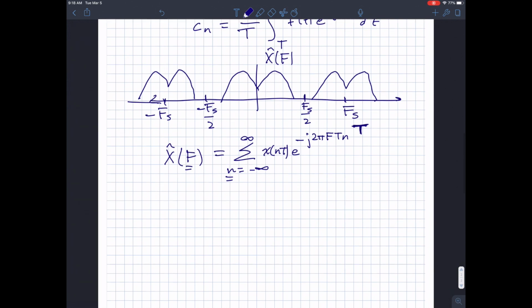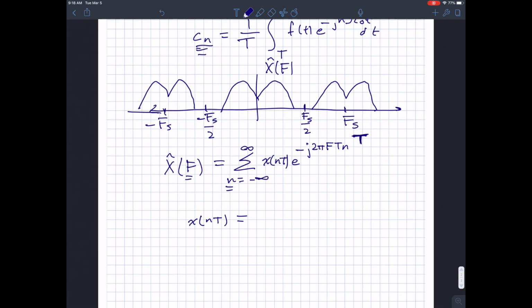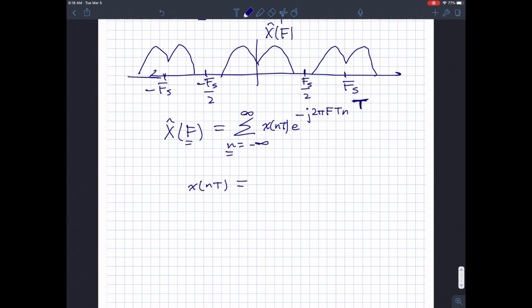So the cool thing about the Fourier series is once you have this written down, you can find the x of nT's, just like we could find the Fourier series coefficients, and you've done that several times in your academic career. We could find x of nT.